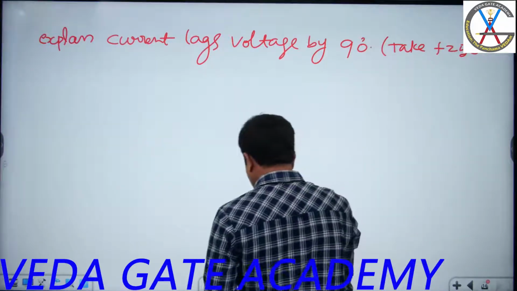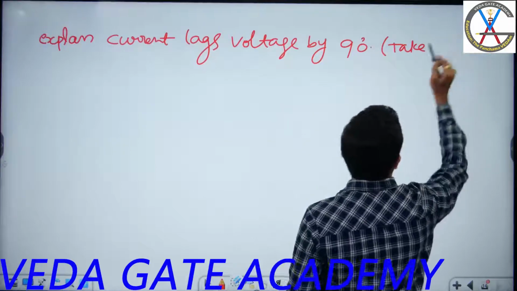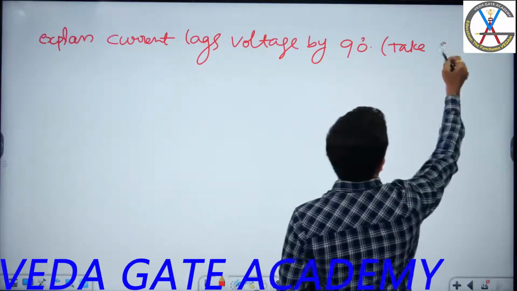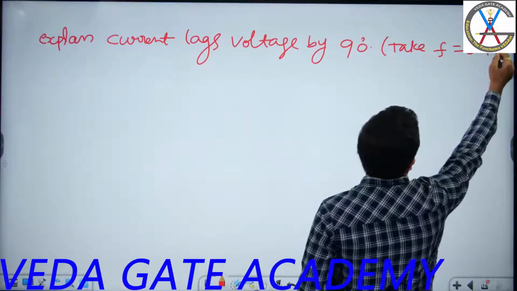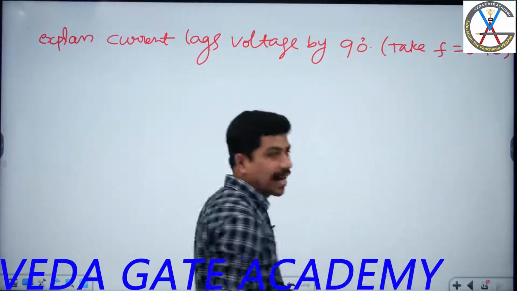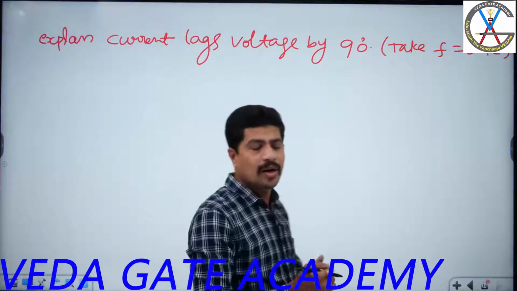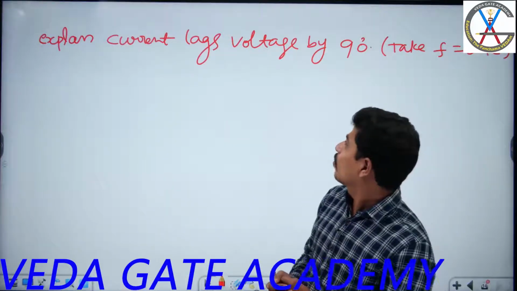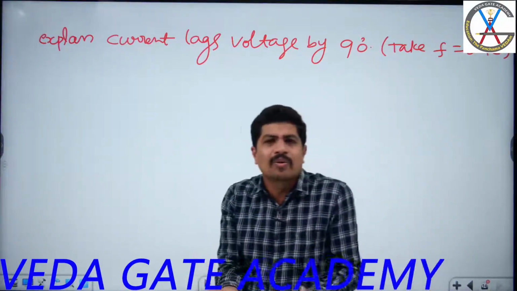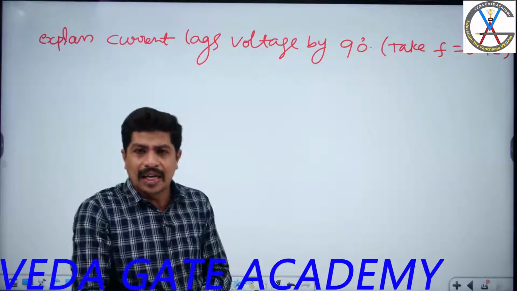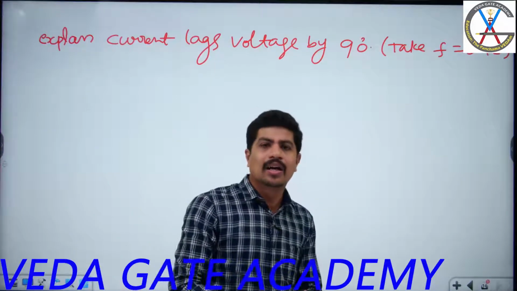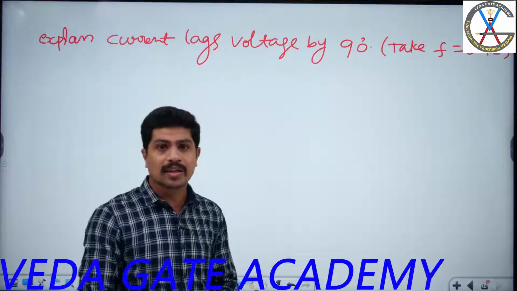The interviewer mentioned that the operating frequency is 50 hertz, and asked the student to explain this. The student got confused at the first point. If you take an ideal inductor, the current through the inductor lags the voltage across the inductor by 90 degrees.